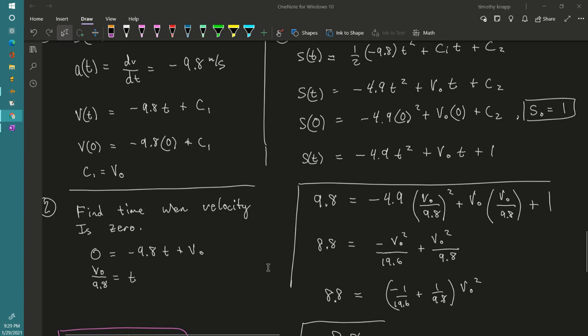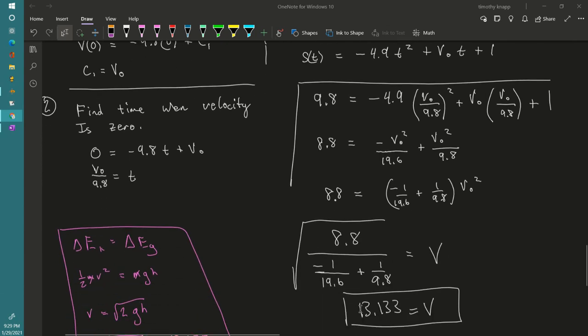So I take that time and I plug it into here. That time corresponds to when the ball is at the top, and this height corresponds to the height when the ball is at the top. I take this and I solve for the velocity, okay? And that's just a bunch of algebra from here down, and you end up with 13.113, something like that.